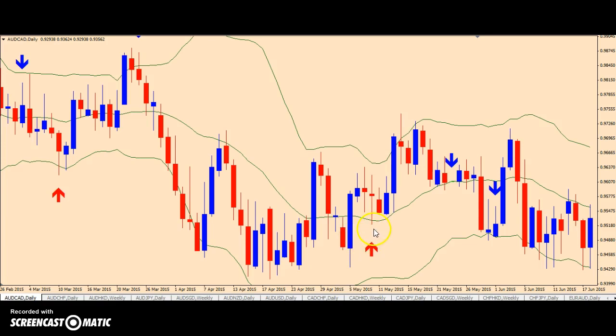So after we get this buy signal, looking for confirmation, we get an outside bar. The body is more than the previous candle, and this represents a buy signal. To confirm this, you can put your open price up here.